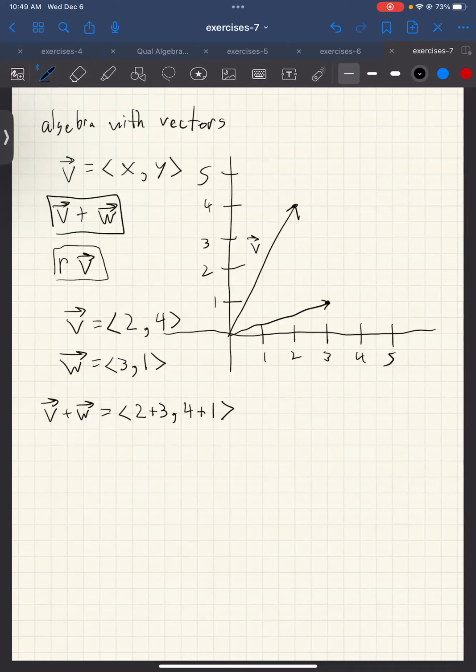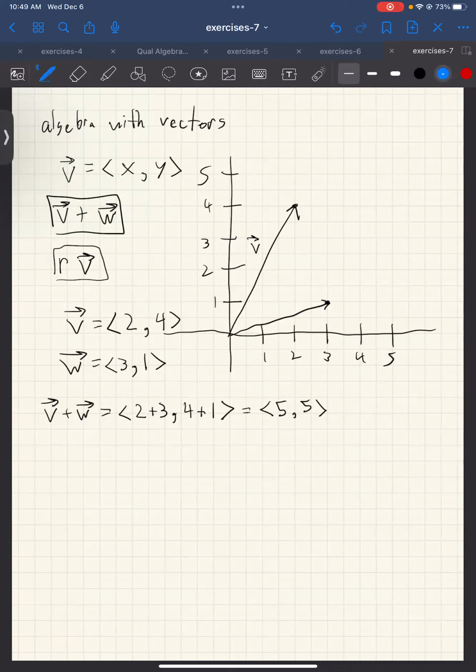So when we add our vectors, we just add the component forms. So this resulting vector would just be 5, 5. This is like saying I say go this far first and then go this far second. Then we end up at the vector 5, 5.